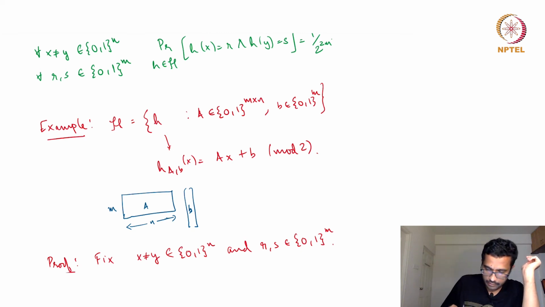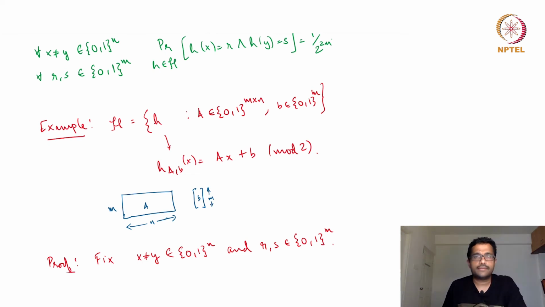Sorry, I think I'm writing it wrong. B should be like this. B has a single column, it has m rows.